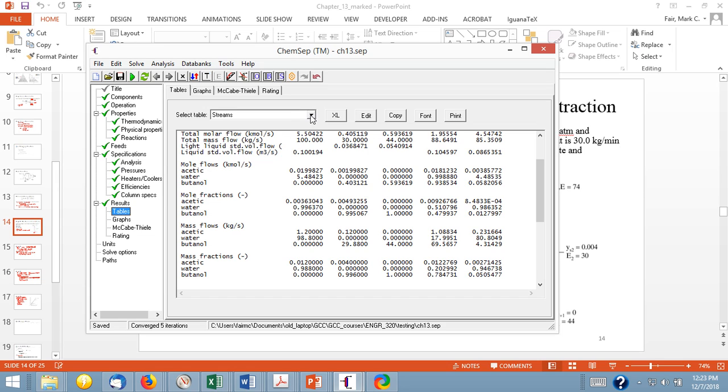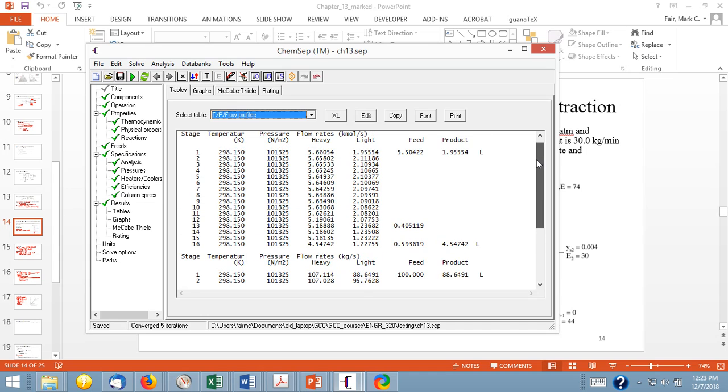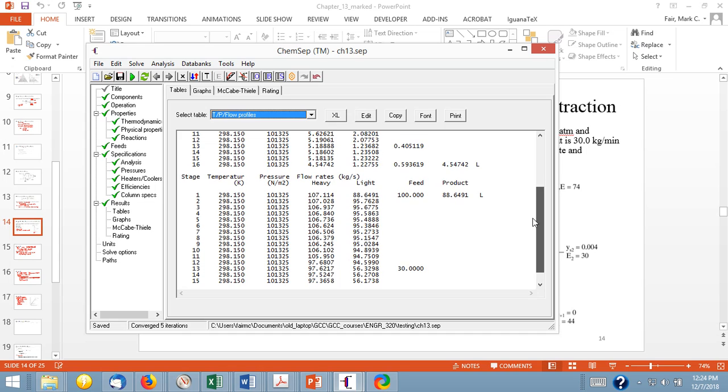What I want to look at, though, with this, rather than looking at streams, for instance, let's look at temperature, pressure, flow profiles. And when it comes back with the flow profiles here, it does it two ways. It does it on a molar basis and a mass basis. We're considering everything here on a mass basis.